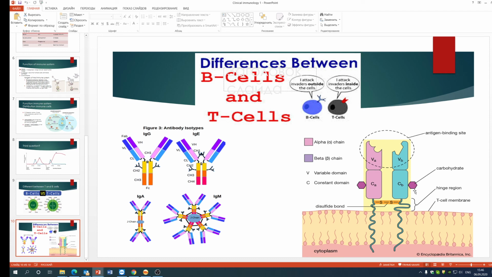But the difference is that B cells respond to antigen that invades outside the cells, while T cells respond to antigen that invades inside the cells.